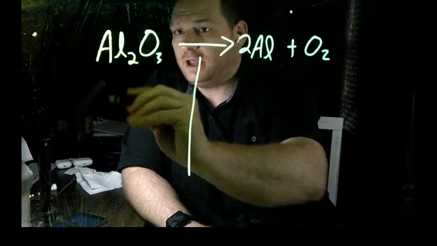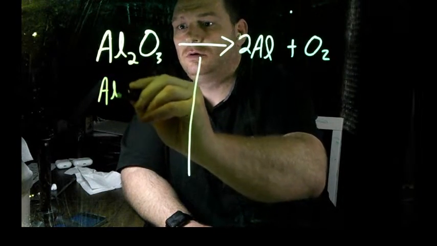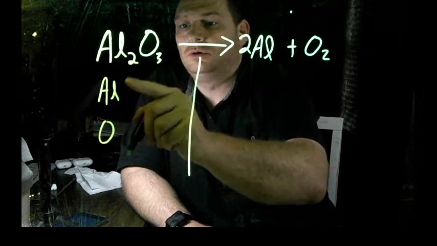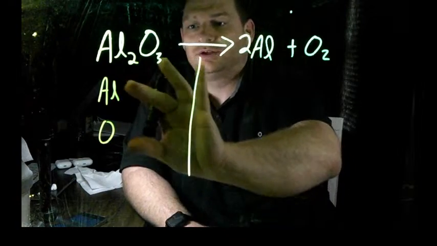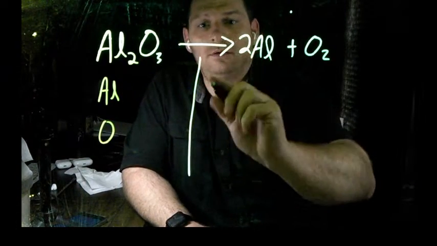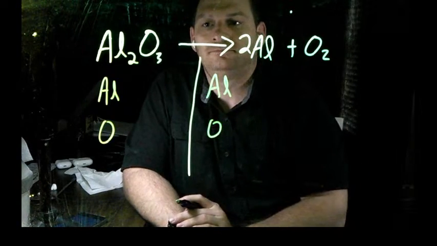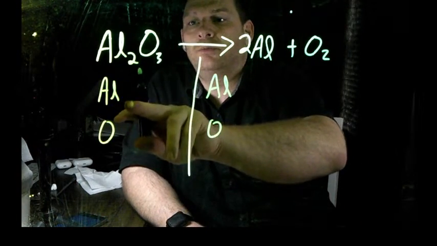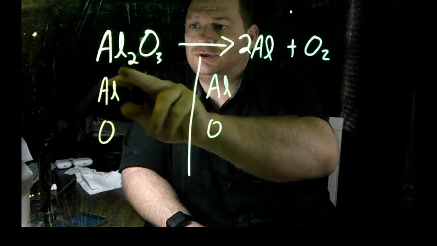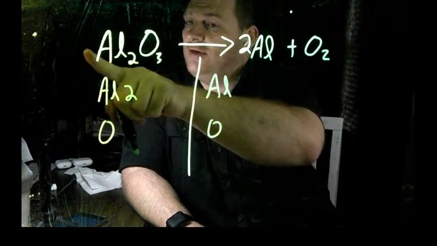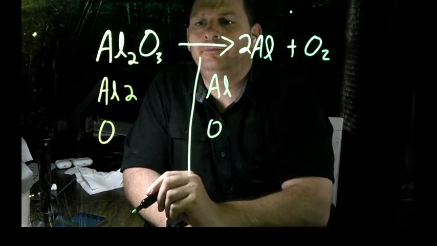Let's list out our unique elements of Al and O, so aluminum and oxygen. Let's copy these and put it right here. So Al and O. Let's count them. Aluminum has 2, the subscript is 2. We do not have a coefficient, so we don't need to multiply it.